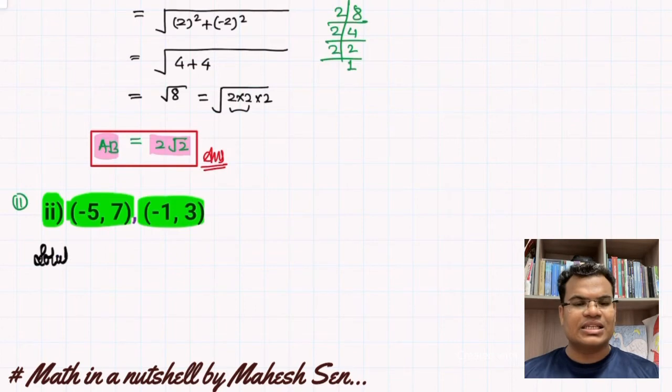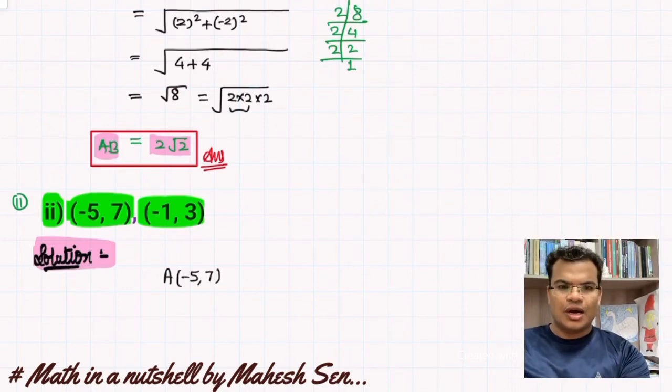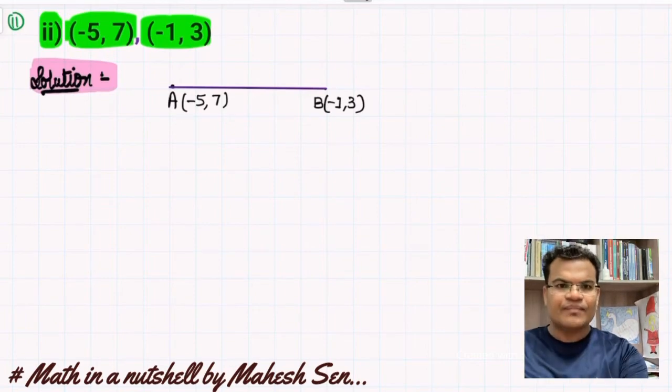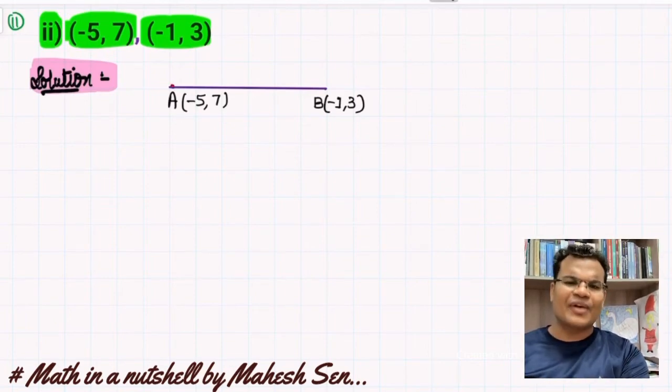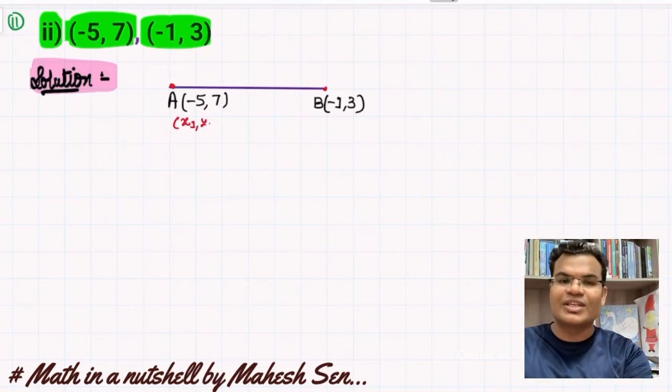I'll start with the same method that we already used in the first part, the distance formula. A is (minus 5, 7) and B is (minus 1, 3). We'll join these two points A and B, which becomes a line segment, and we are finding the distance of this line segment.